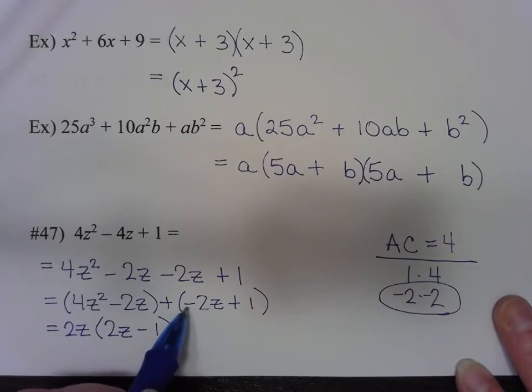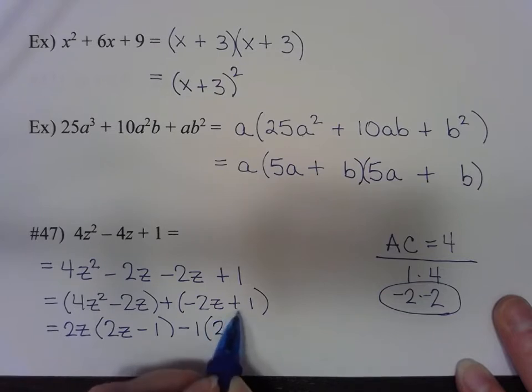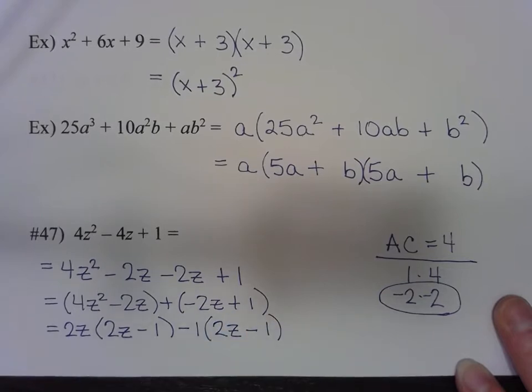And since I'd rather this be a positive 2z, I'm going to factor it out as a -1. So that's going to change the sign to make this 2z. It's going to make this a -1. Notice they both have the same parentheses, 2z minus 1.